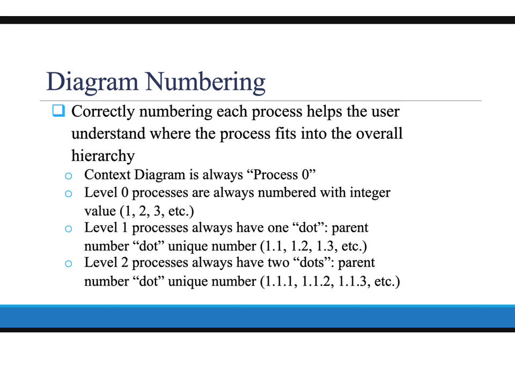Like you can see here, at this level 1, you have 1.1, 1.2, and 1.3, which shows that process 1 in level 0 is further decomposed here. If you go down to level 2, you will discover 1.1.1, 1.1.2, and so on and so forth, which means that the 1.1 process in the level 1 diagram is further decomposed here.